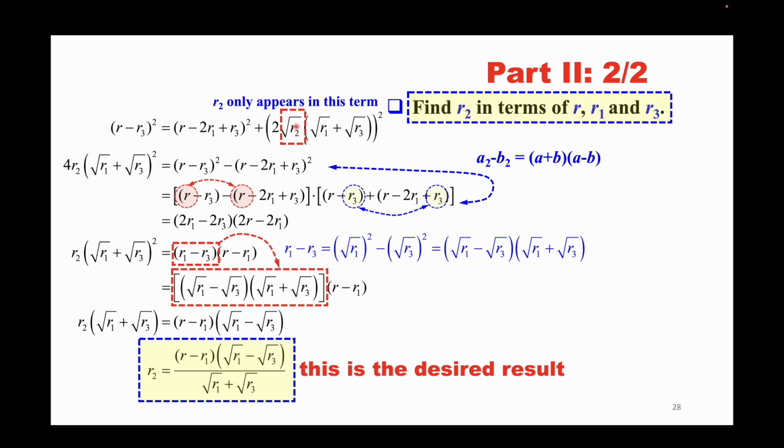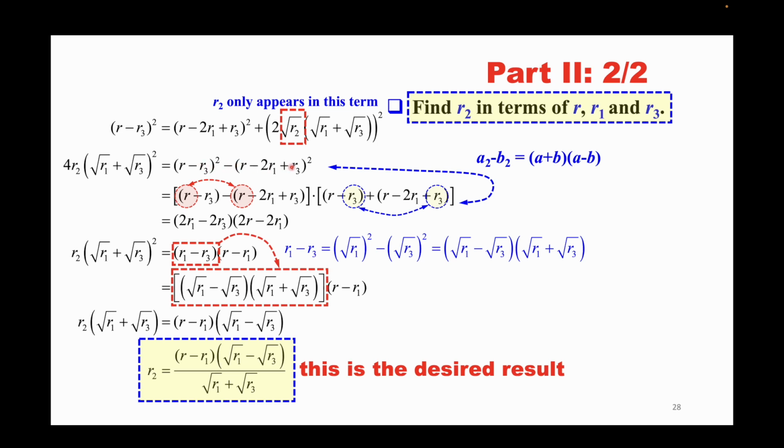So let's move this term to one side. So we have the square of this, which is 4R2 times the square of this, is equal to R minus R3 squared minus this term.